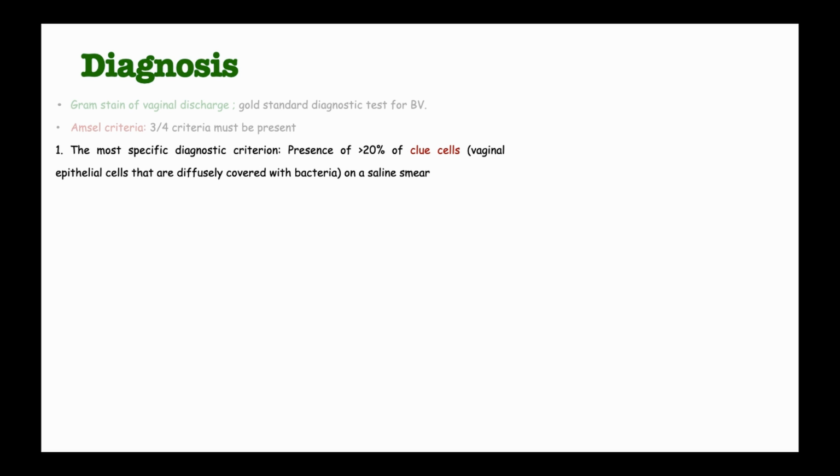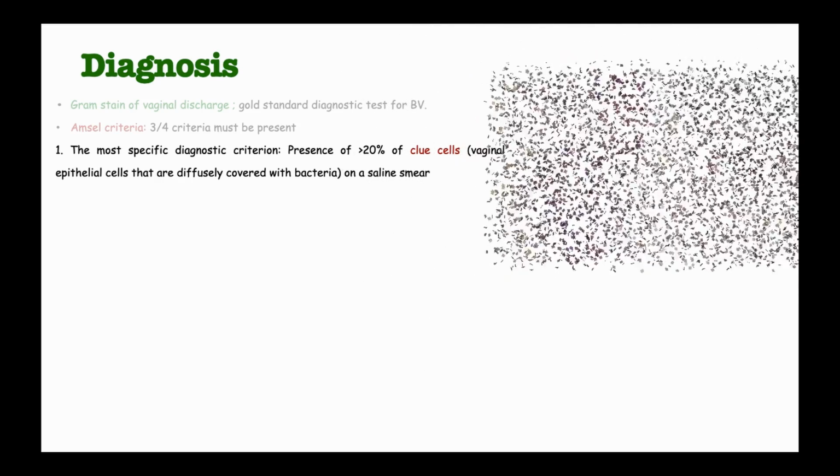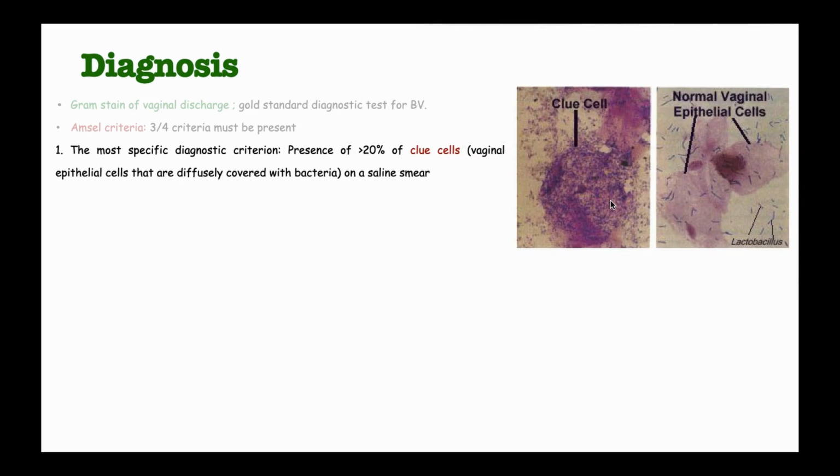Usually what we do is we take the vaginal smear, then we add normal saline to it. So it is the vaginal fluid or discharge which is transferred to a slide. Then afterwards we examine it under the microscope, and what we see is usually what we call the clue cells.